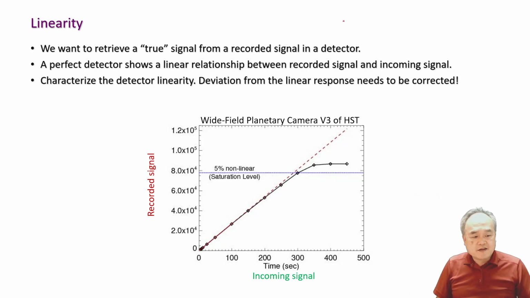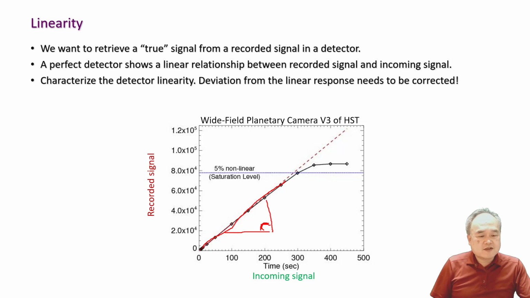In that linear regime, by measuring the slope of this relationship, we can always convert the recorded signal into the actual incident signal strength.